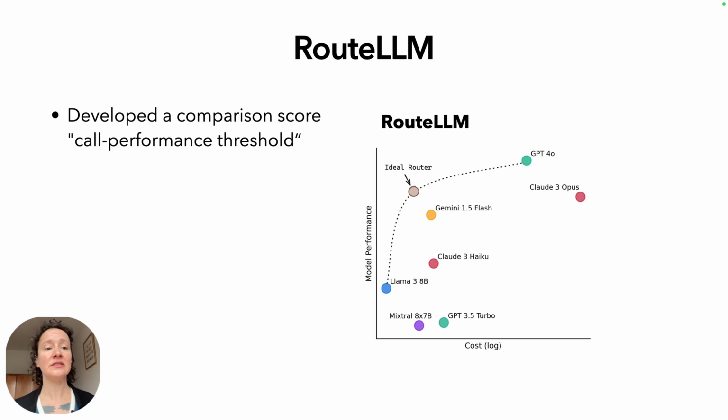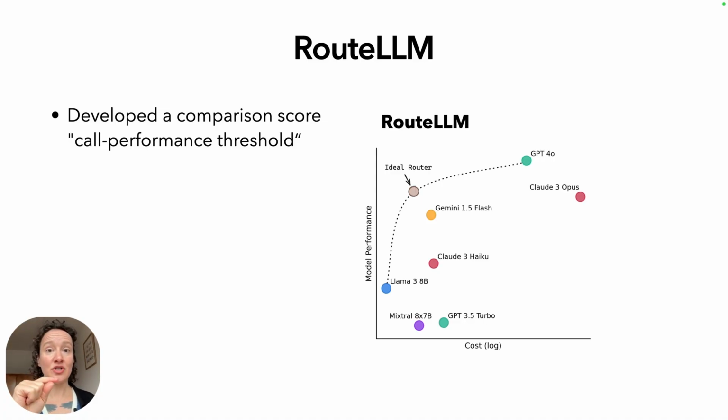sure that I respond. But this call performance threshold basically says, we think that the more expensive model is going to have such a high increase in the performance of the response that we're going to send it to that expensive model.